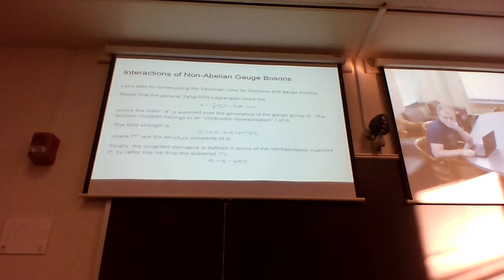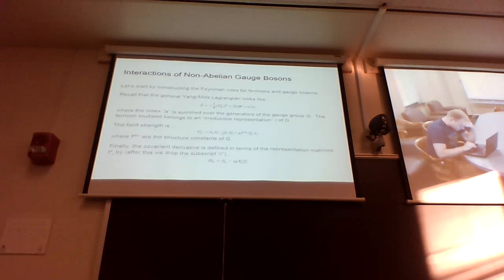But you say that these things belong to the irreducible representation of your gauge group G. I don't want to get into that, because the Lie algebra and all that stuff is a whole week in itself. Just know that this fermion transforms in a particular way depending on what your gauge group is.